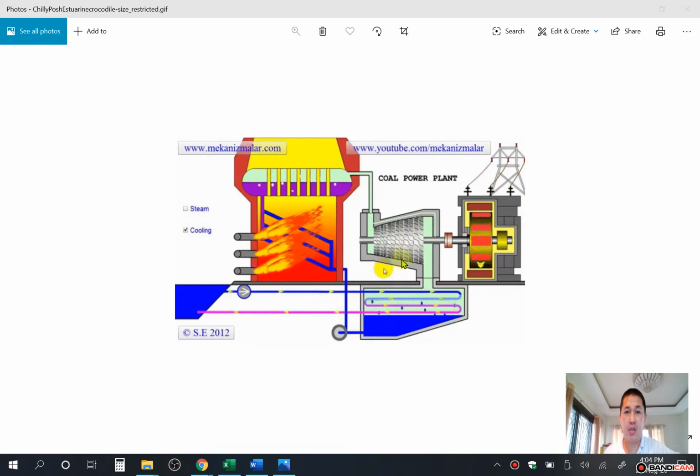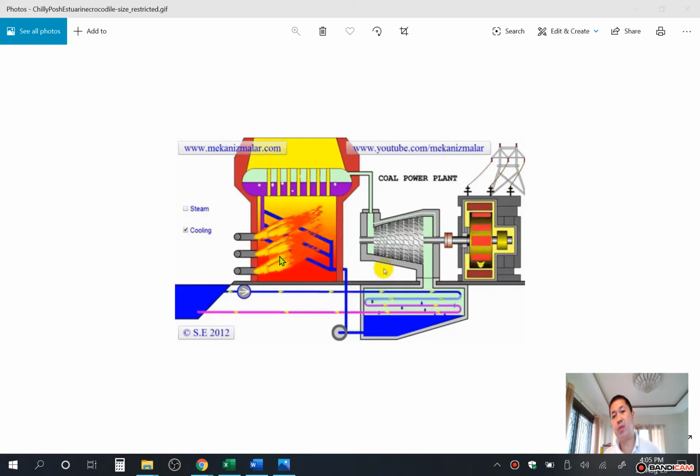After the steam is exhausted from the steam turbine, it will go to the condenser, and it will be pumped again, delivered to the boiler as feed water, and this becomes boiler water, and it will boil again by the use of this combustion.